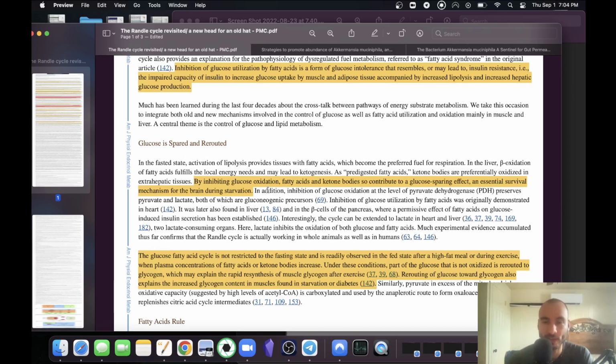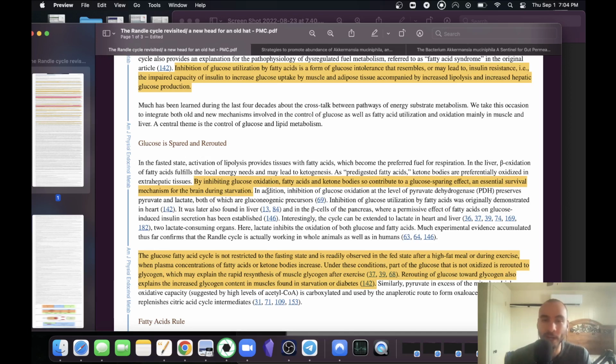This process basically inhibits glucose oxidation and spares that glucose for the central nervous system and other tissues that directly rely on carbohydrate. That could be the gonads, adrenal glands, and red blood cells, but specifically the central nervous system. That's the main one to discuss, as it requires a decent amount of glucose on a regular basis. So it is absolutely essential that the body has glucose for the central nervous system.